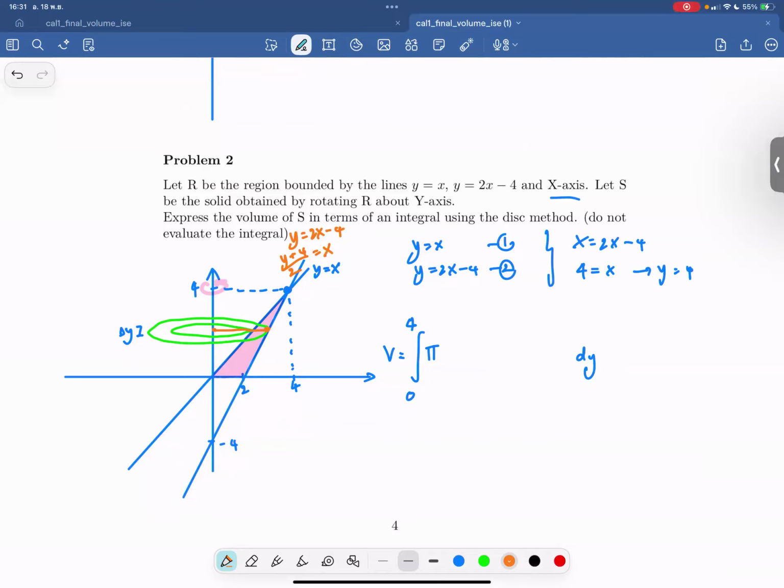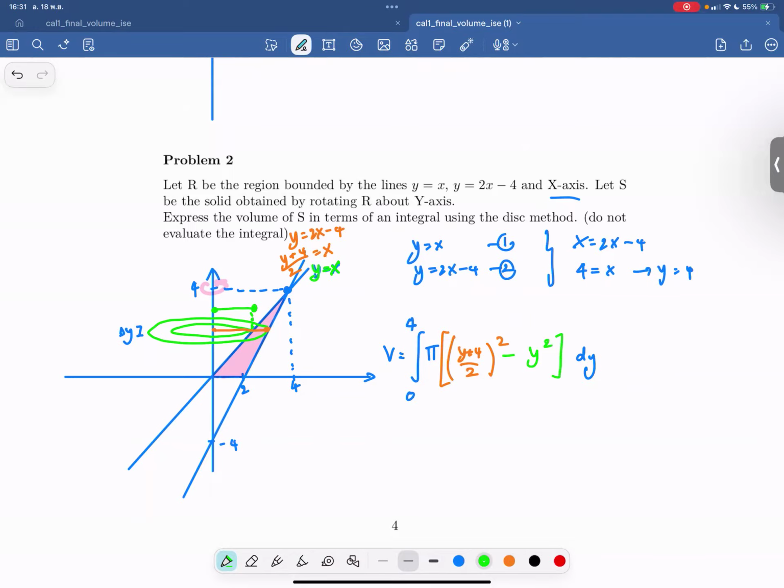So the outer radius should be (y plus 4) over 2, squared, and then minus the lower one, which is the green one, the inner radius, which is just y squared.